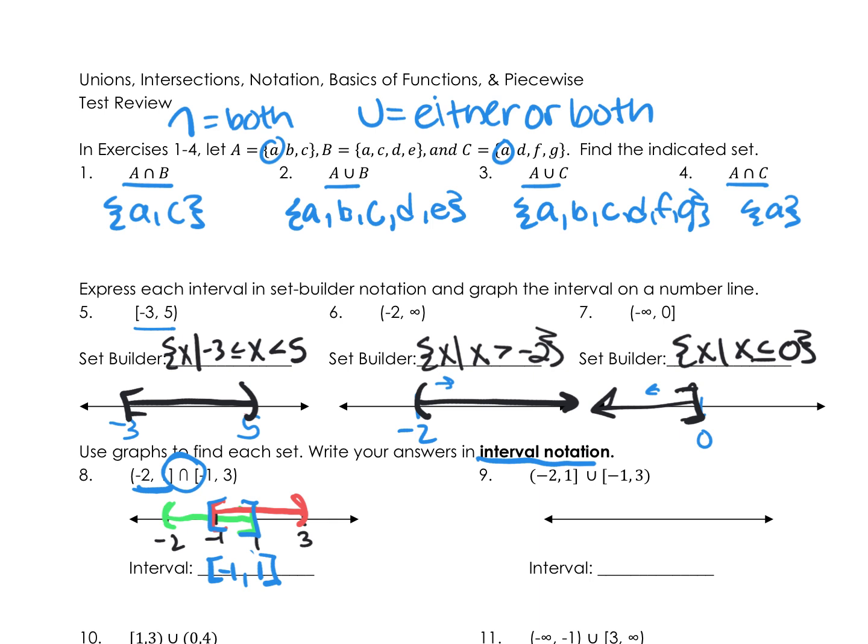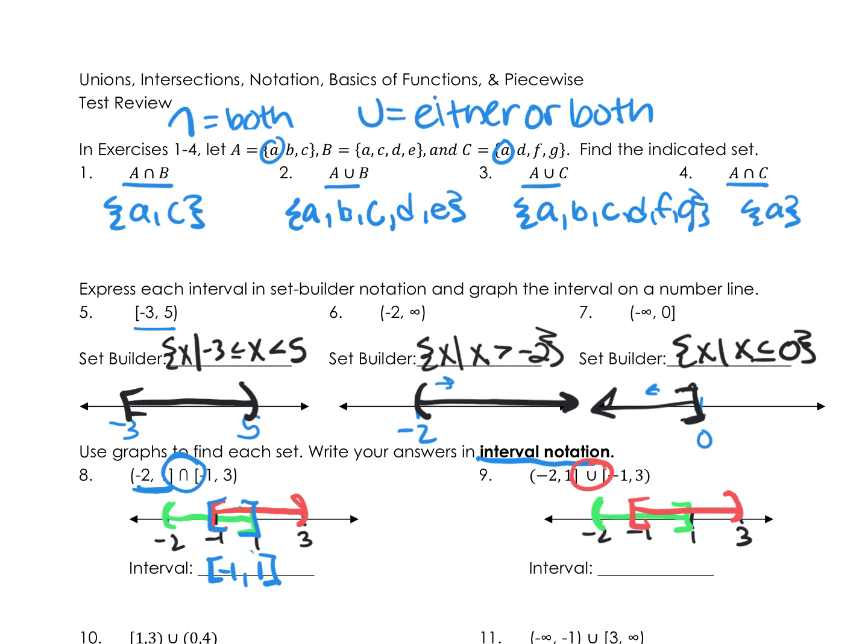So now we'll draw the two sets over here. So we'll have -2, -1, 1, and 3. We'll draw -2 to 1, parentheses on -2, bracket on 1, bracket on -1, parentheses on 3. And now for the union, we're looking at anything that either set touches.